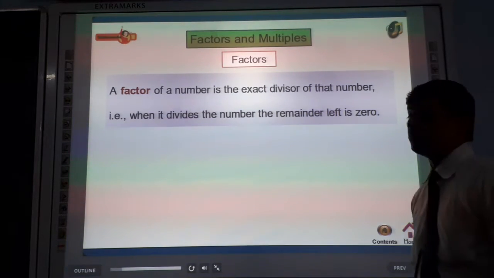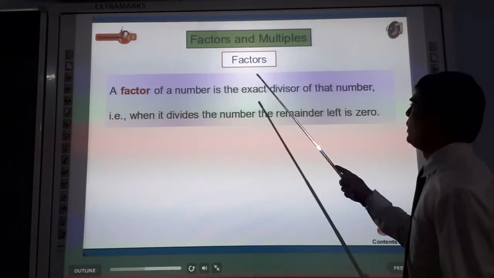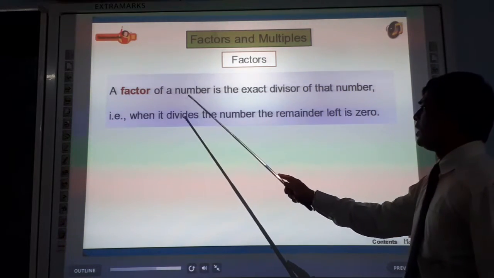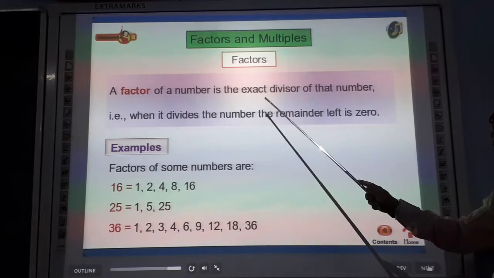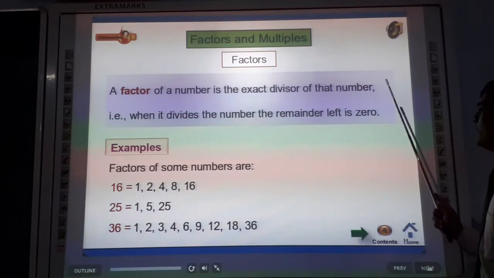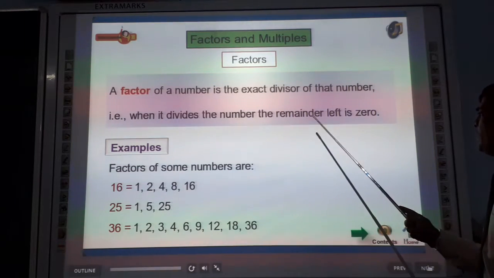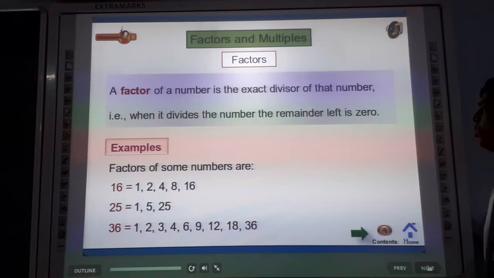Now next topic, factors and multiples. First is factors. A factor of a number is an exact divisor of that number. That is, when it divides the number, the remainder left is 0.